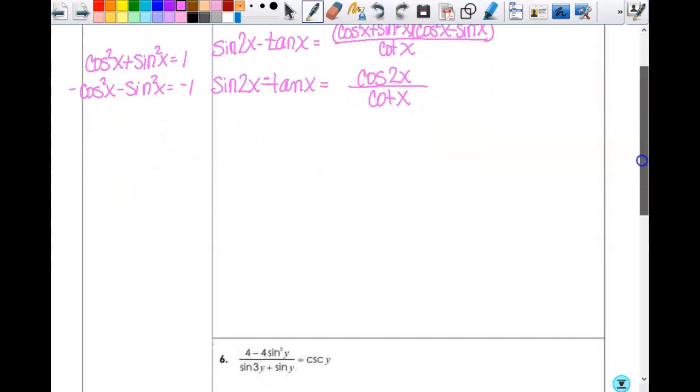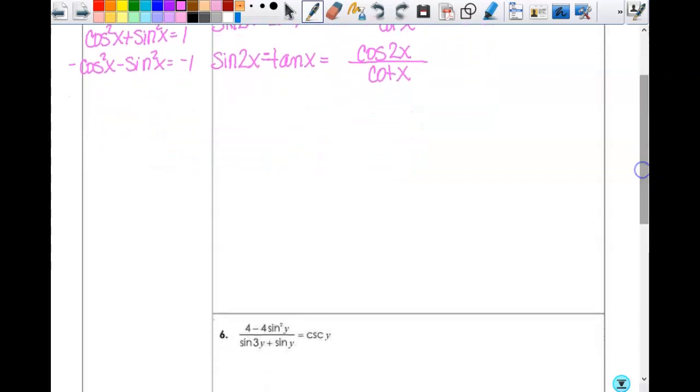All right. So now let's think about what our goal is. Proofs are better than just simplifying because I at least know what my goal is. And my goal has a tangent in the numerator. So yes, cotangent is cosine over sine, but it's also 1 over tangent, right? So in the denominator, if I just change this without rewriting everything and put 1 over tangent x, that's the same thing, right?